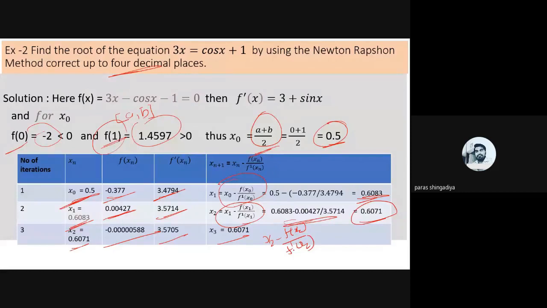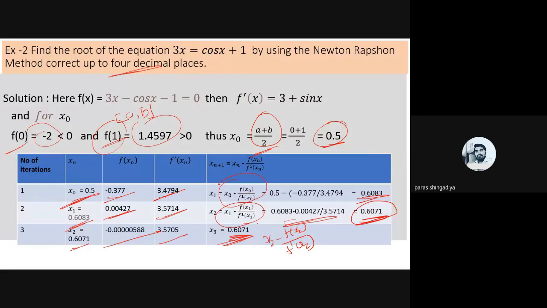Replace the values in this formula and we again get 0.6071. So x2 is 0.6071 and x3 is also 0.6071, so both answers match up to 4 decimal places, meaning the 4 digits after the decimal are matched.